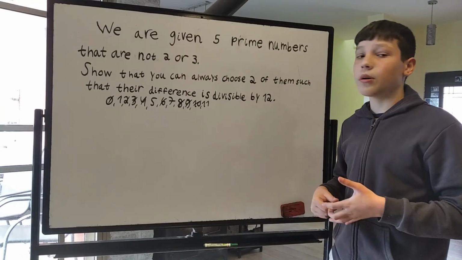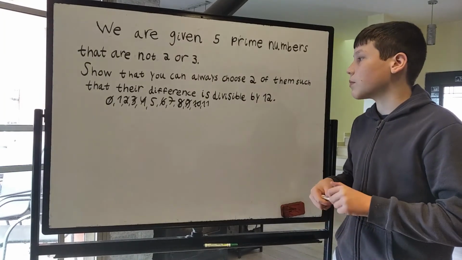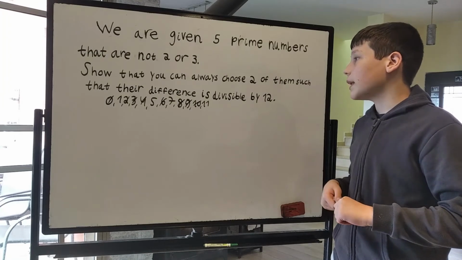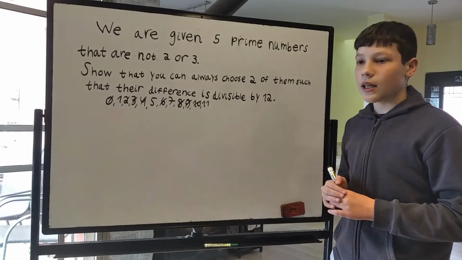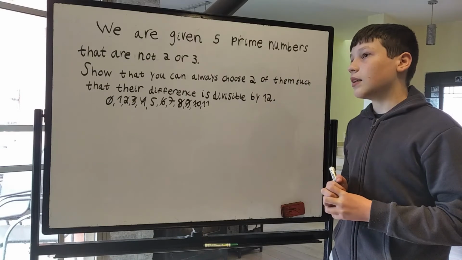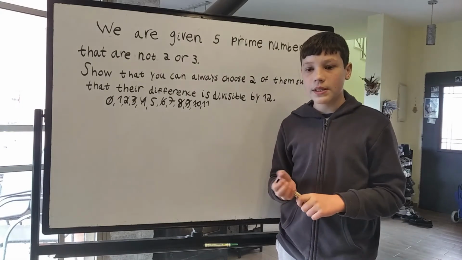So any two such numbers will have the same congruence mod 12, meaning that when we take their difference, the difference will be divisible by 12.